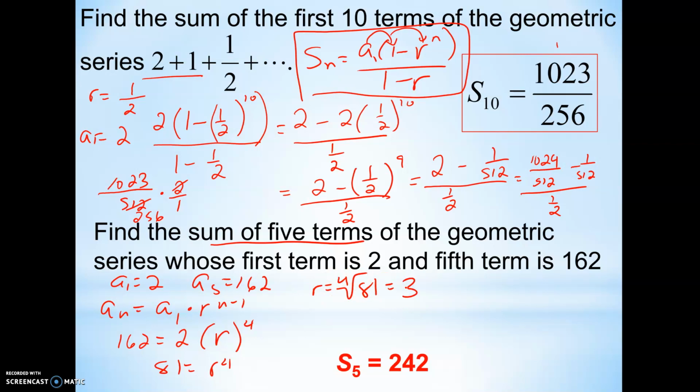Now that I know my common ratio is 3, I can go straight to my sum formula. And I have, not S sub n, S sub 5 is equal to 2 minus 2 times 3 to the 5th power all over 1 minus 3. And if you crunch that out, you end up with 242. And that's it.